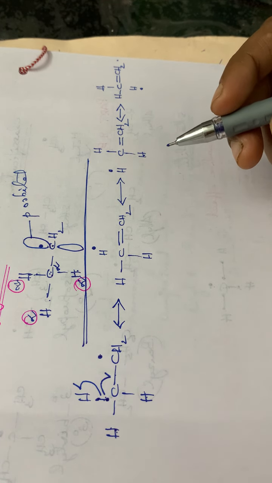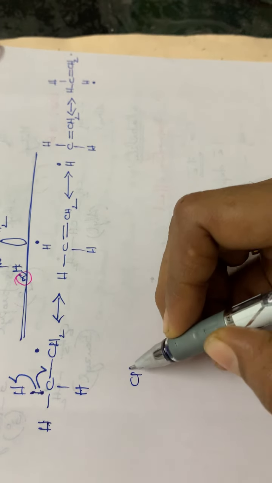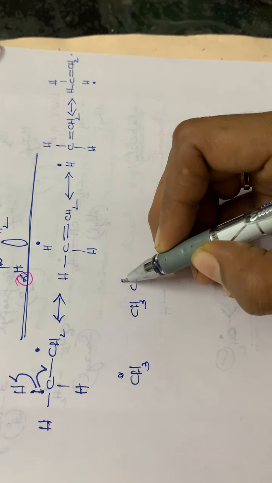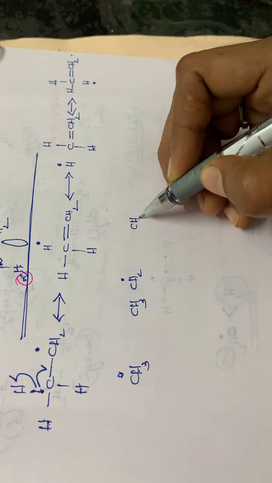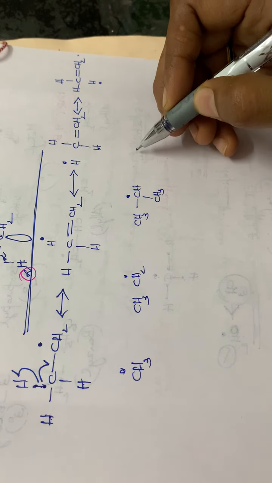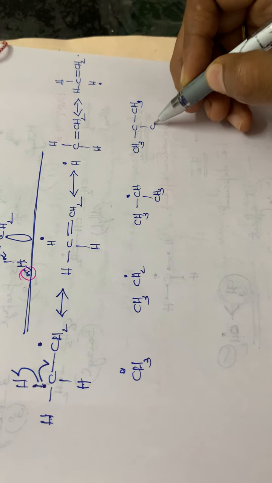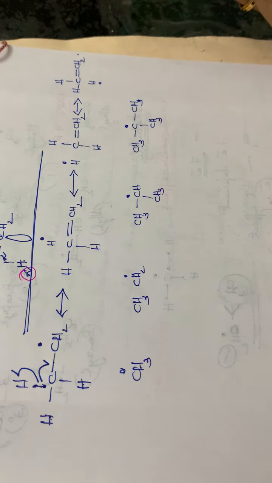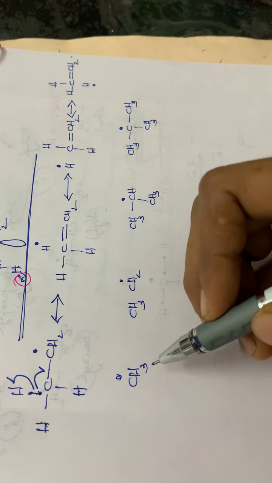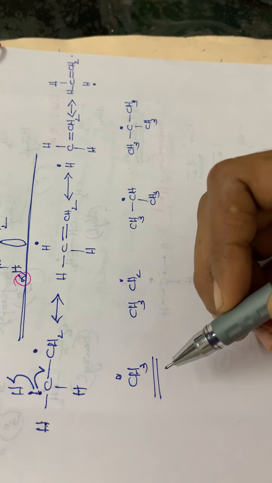Then we have to compare the stability starting from the methyl free radical, then the ethyl free radical CH3CH2 dot, then the isopropyl free radical CH3CHCH3 dot, then the tertiary butyl free radical, C(CH3)3 dot. In the methyl free radical, there is no CH sigma bond, isn't it?